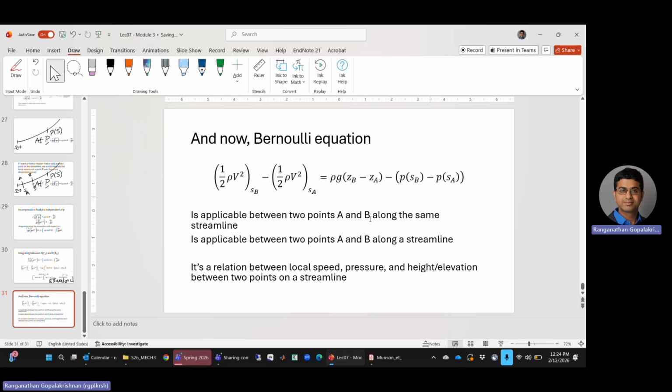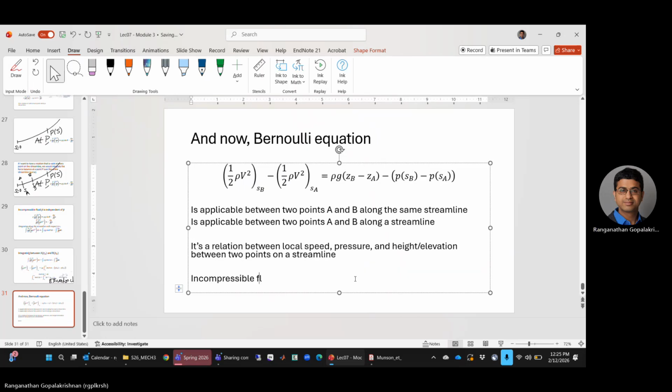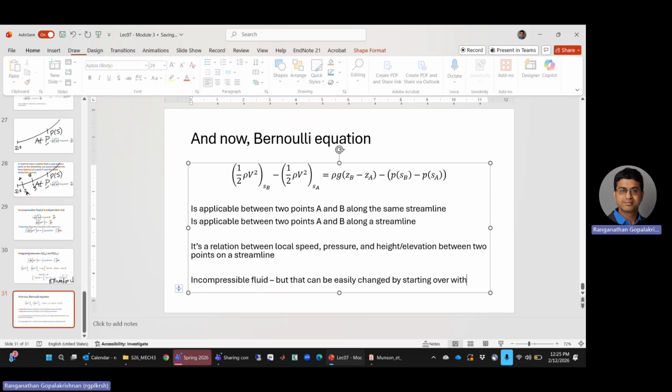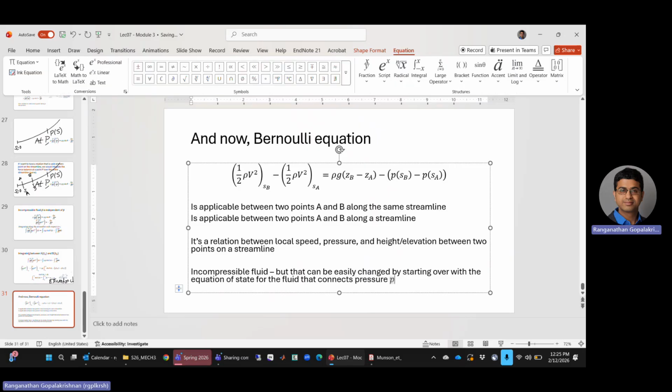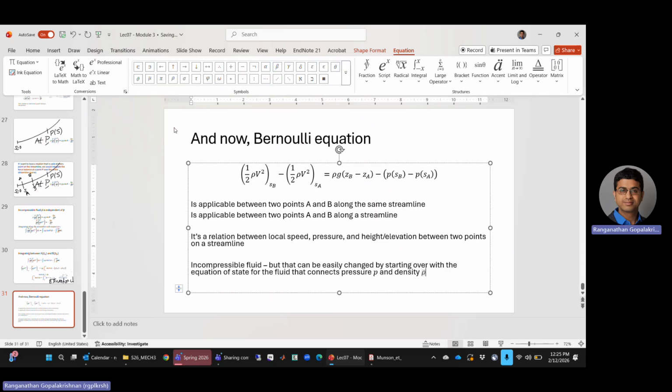One of the important assumptions we made so far is that the fluid is incompressible. But that can be easily changed by starting over with the equation of state for the fluid that connects pressure P and density rho.